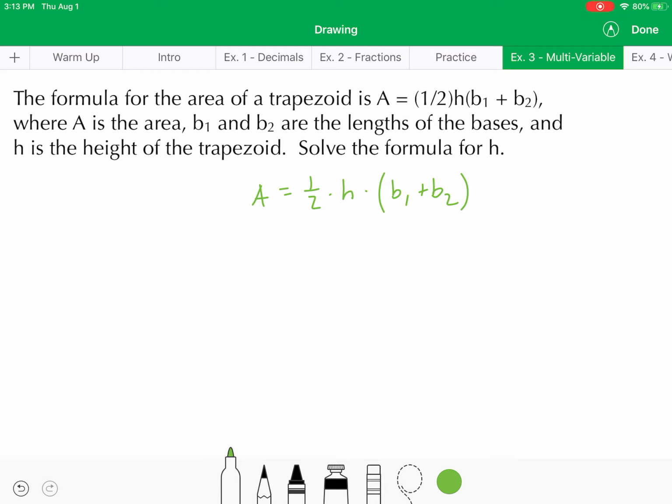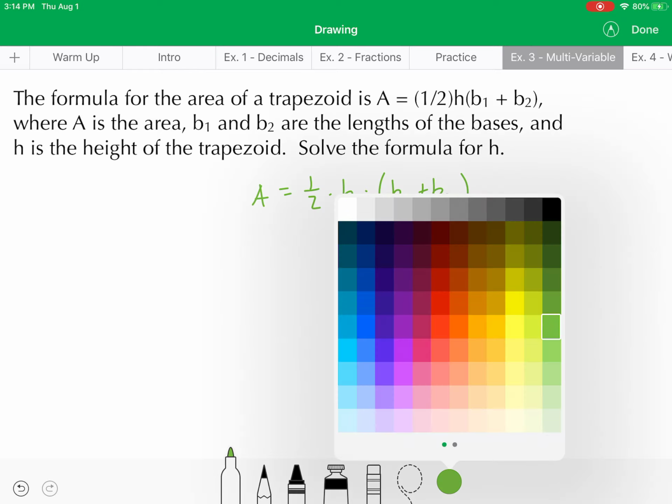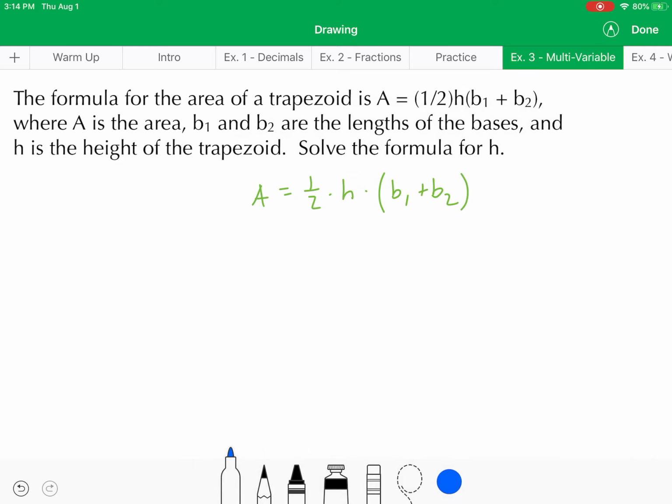And there's a couple approaches you can take to this, but ultimately I'm trying to get H alone, right? So somehow I need to be able to account for the fact that H is being multiplied by 1/2, and it's also being multiplied by the sum of base 1 and base 2. I personally like to clear fractions first.